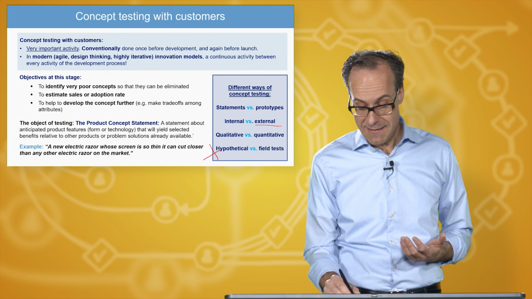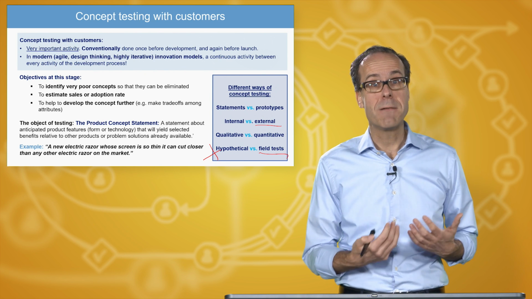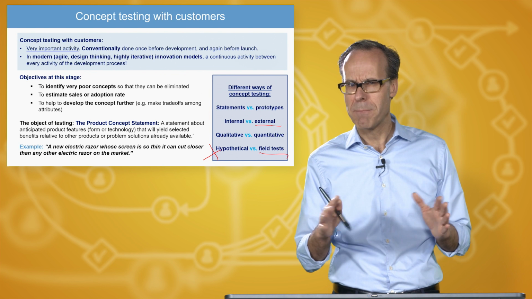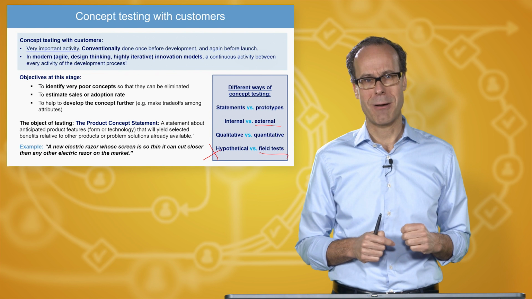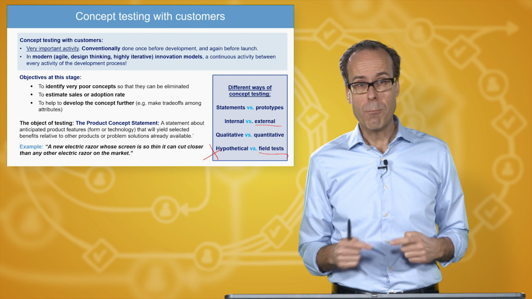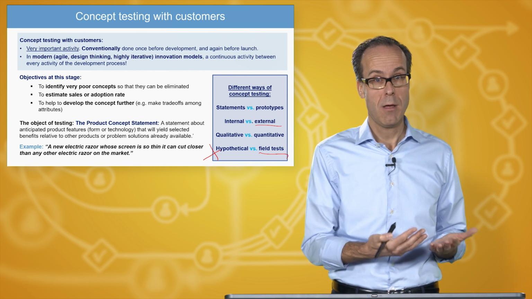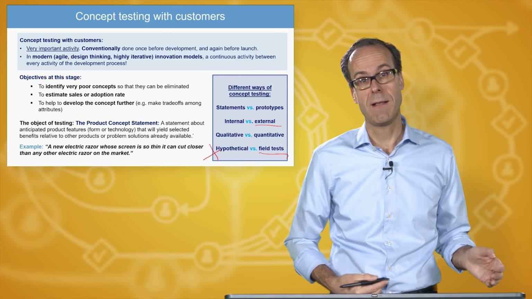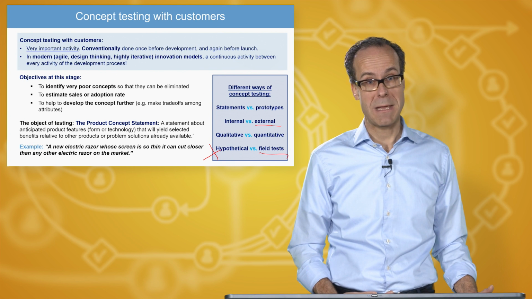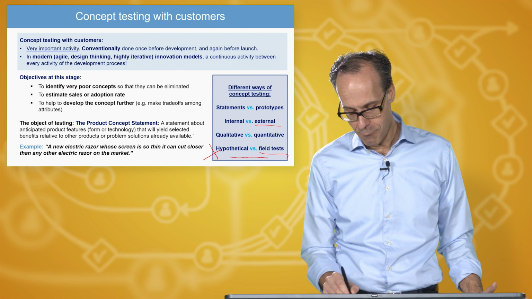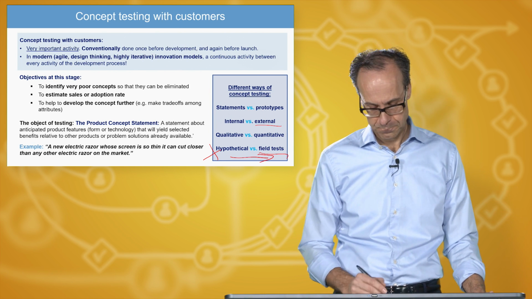We can do this in the field, experimenting with real prototypes that are working, or perhaps there are also some other things we'll talk about at the end. Or we can do this hypothetically, in a scenario, in a description. And this is how the majority of concept tests used to be executed. In a more novel understanding, we here move more to field tests.